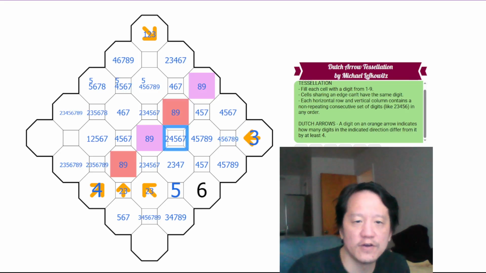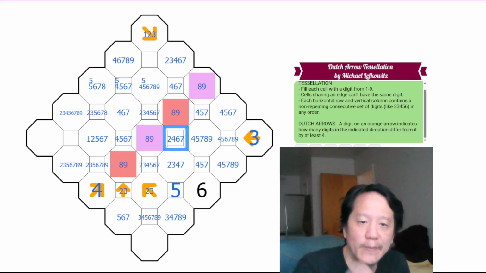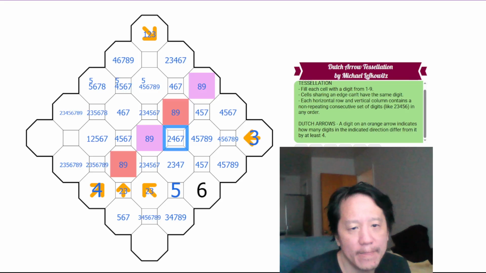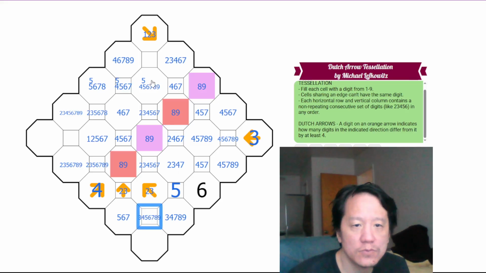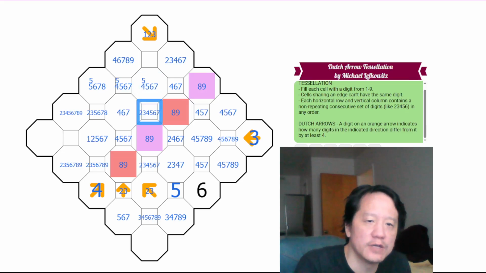This can't be 5 because of the 5 in the column. This is sharing an edge with 8 and 9, red, and it sees 8 and 9 in the row, pink, so this can't be 8 or 9.